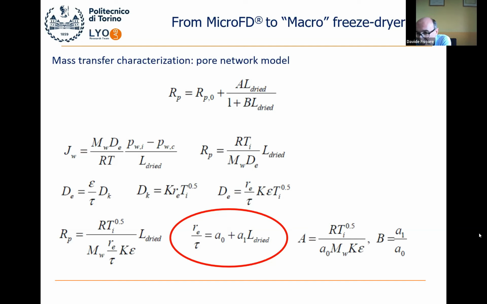Patricia, can MicroFD be used for double chamber systems? Why not? Again, it depends on the goal that you want to achieve. MicroFD is first of all a small scale freeze dryer.